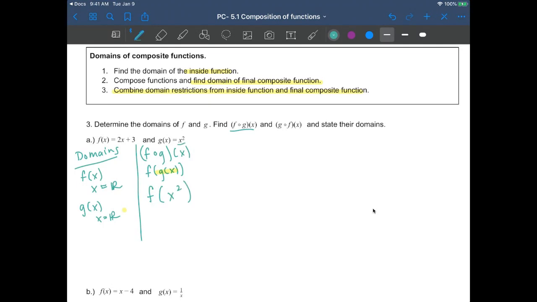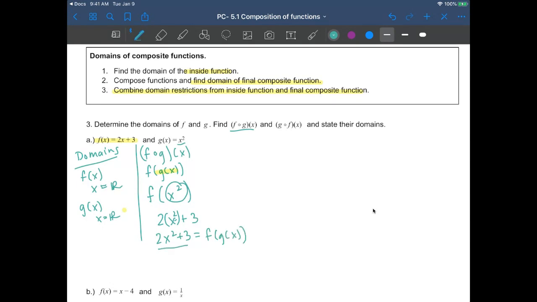And then I'm looking at my 2x plus 3. But anywhere there's the x, I'm going to replace that with my input here, x squared, which was g of x. So I get 2x squared plus 3 is equal to f of g of x.